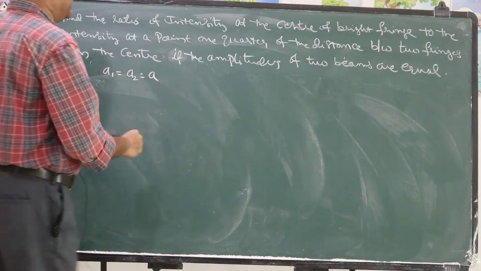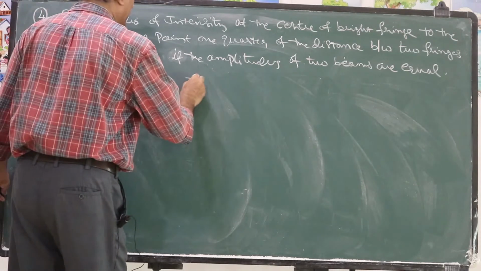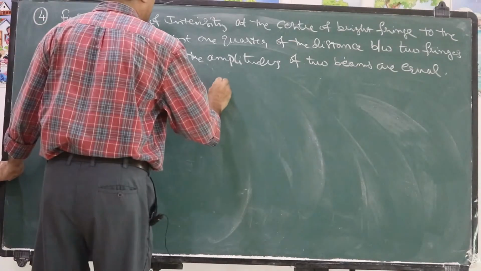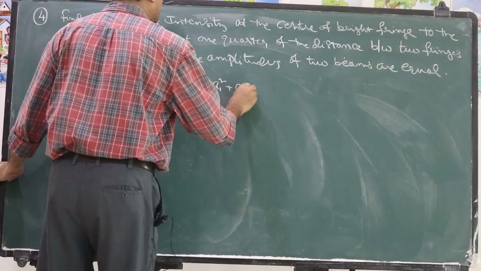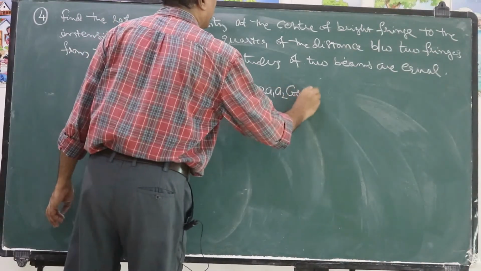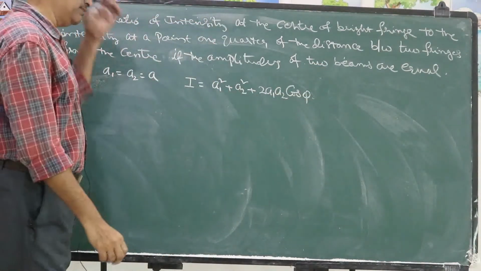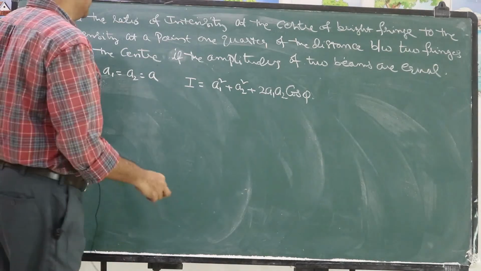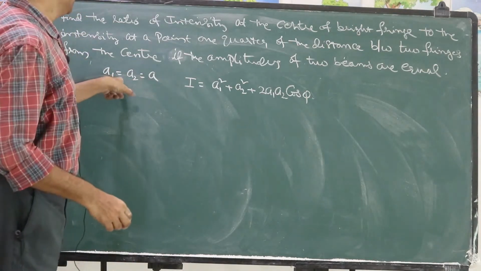Now intensity at any point due to interference, by superposition, is given by A1 square plus A2 square plus 2A1 A2 cos phi, where phi is the phase difference. So in this condition we have A1 and A2 equal.